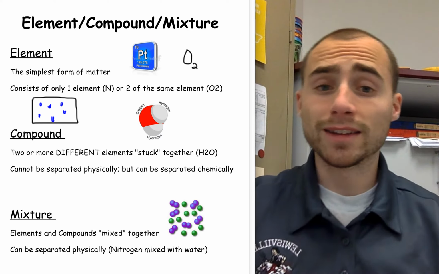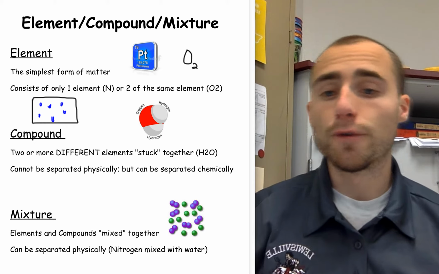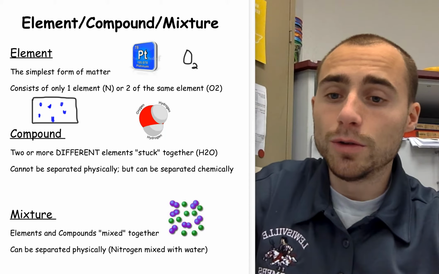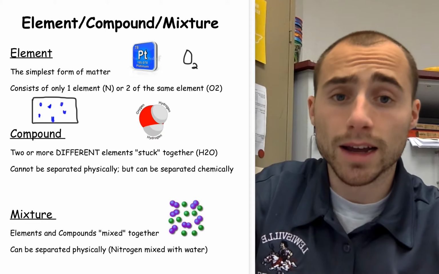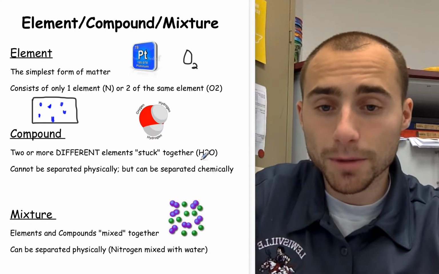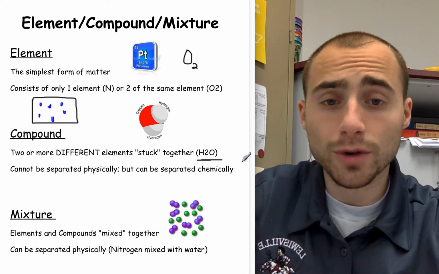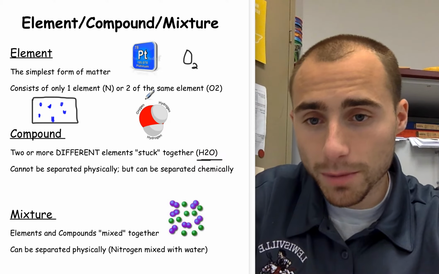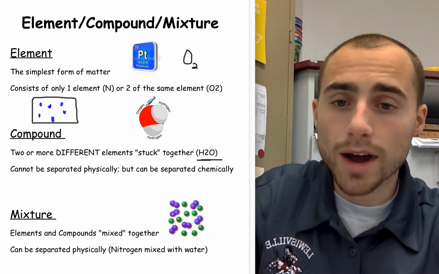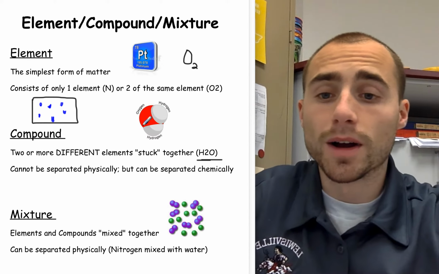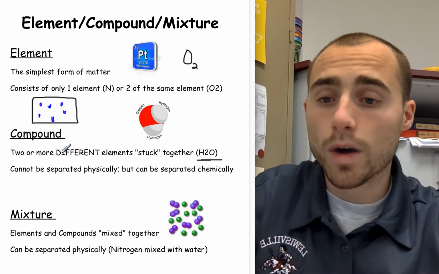A compound, that is a slightly more complex form of matter. This is when two or more different elements become stuck together. An example of this would be water, H2O. There's two hydrogens. I actually have a picture of H2O right here. Two hydrogens and one oxygen combine to form a compound, which is water.